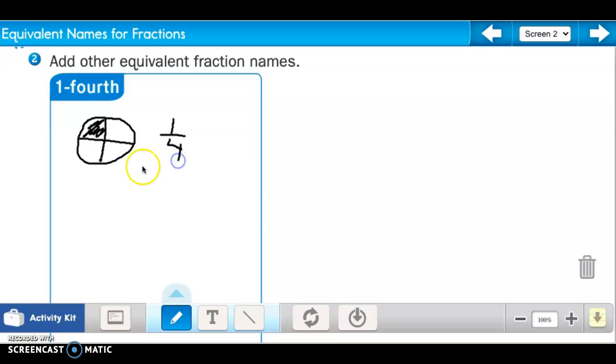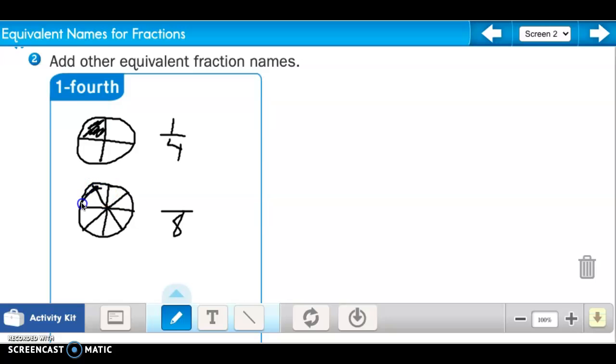Now let's take this same circle, but instead of doing 4, let's cut it a little bit more. Let's cut it this way and this way. See, it's cut differently now. We have 8 as the bottom number, but we're going to shade the same amount.